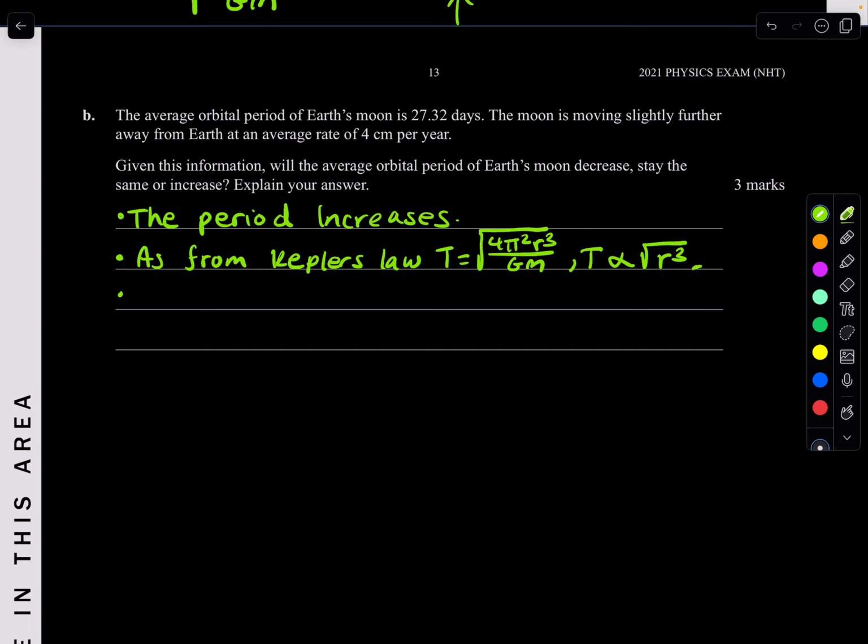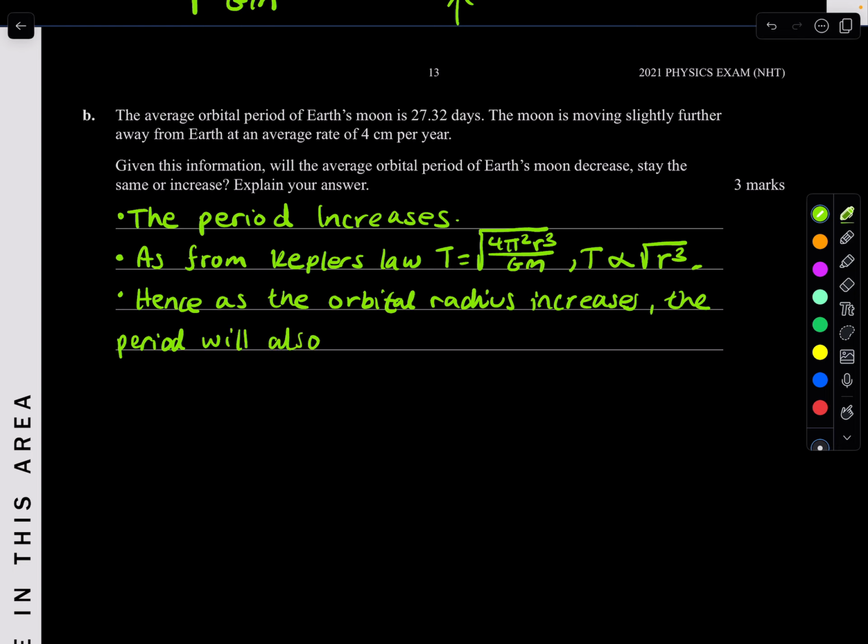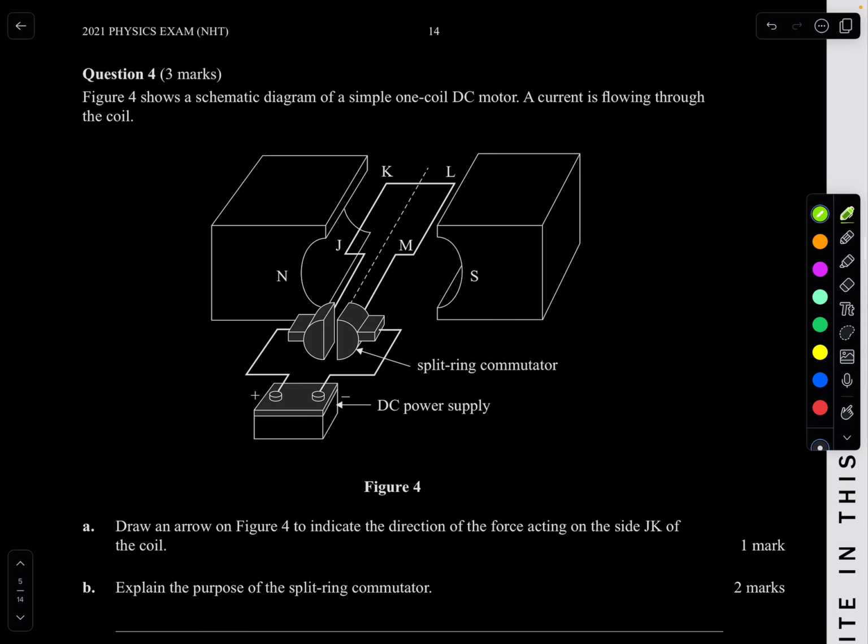So we've written that. And so, hence, as the orbital radius increases, the period will also increase. Done. Next question. Question 4.